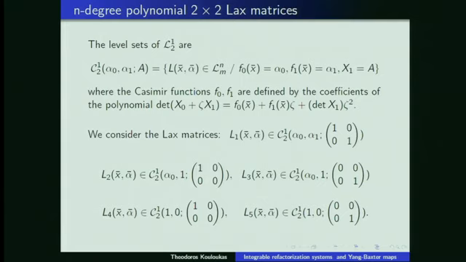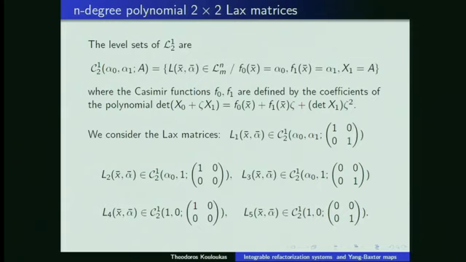Now, what we do in general is to take a product of a combination of first-degree polynomial Lax matrices, and in this way we can derive n-degree polynomial Lax matrices.